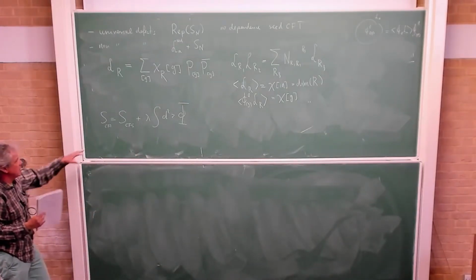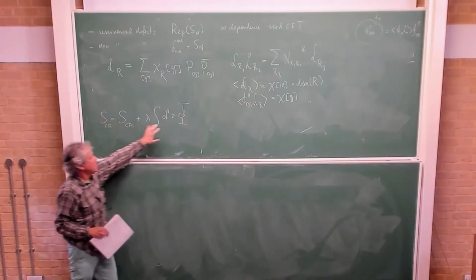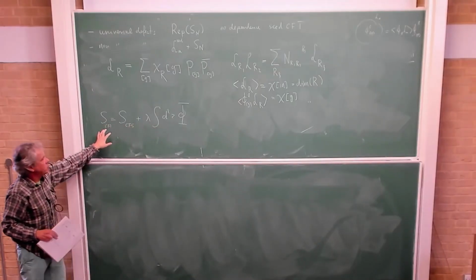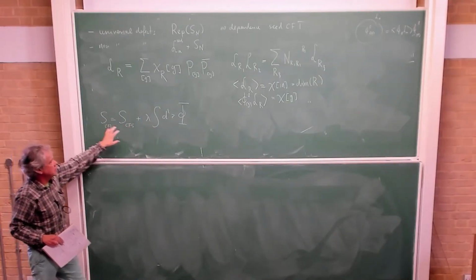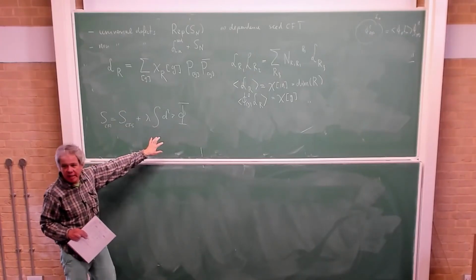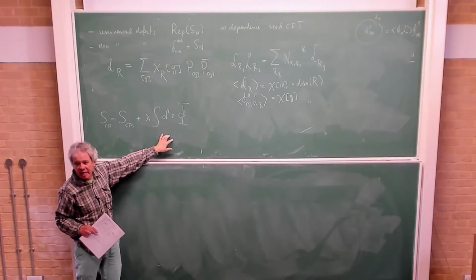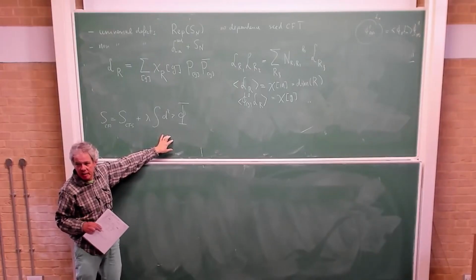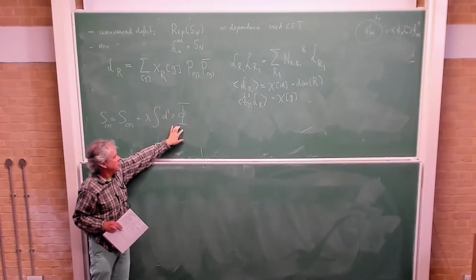The examples which are easily manageable would be a current deformation, but that's not really that interesting for us, because that would not generically be in the twisted sector.